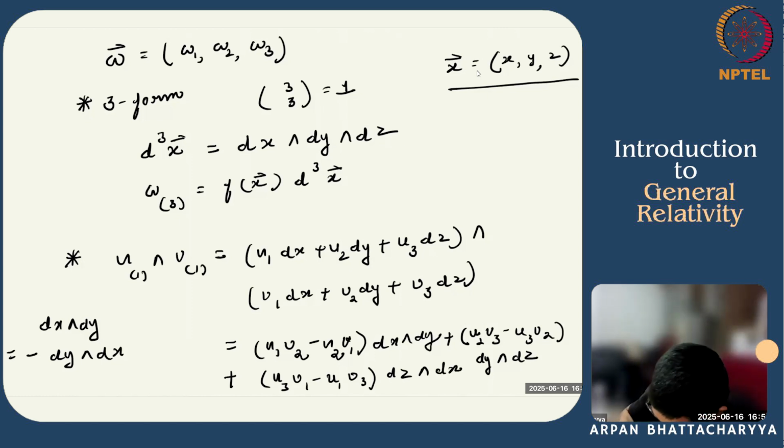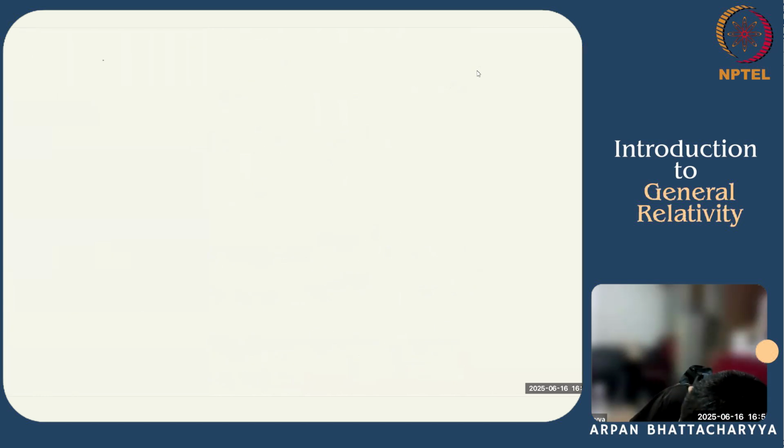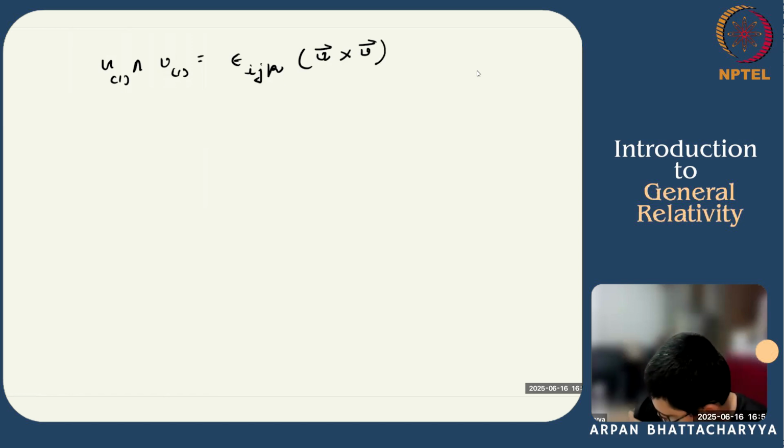And if you look carefully at these combinations, these are nothing but components of the cross product of u and v. So you can rewrite it as u wedge v equals epsilon ijk times the k-th component of u cross v, with the basis dx^i wedge dx^j.